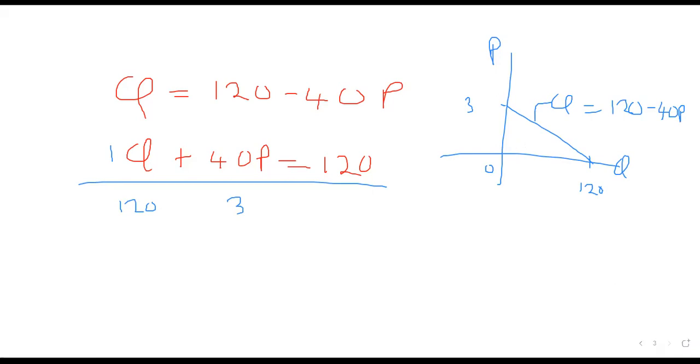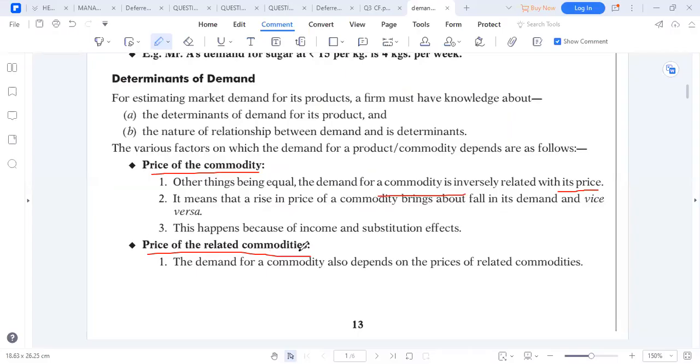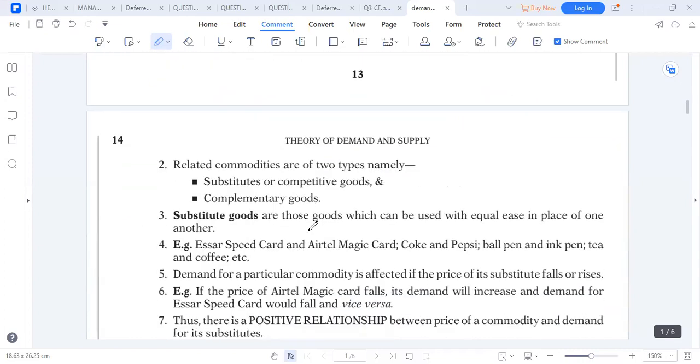So what other factor did we say affects demand? The other factor that affects demand is related goods. Now we have a number of related goods. We have what we call substitute goods. These are goods which can be used with equal ease in place of another one. For instance, Coke and Pepsi, a ball pen and an ink pen, tea and coffee.